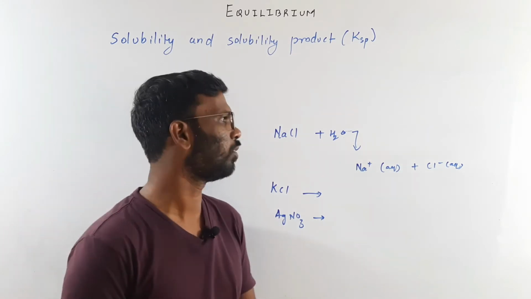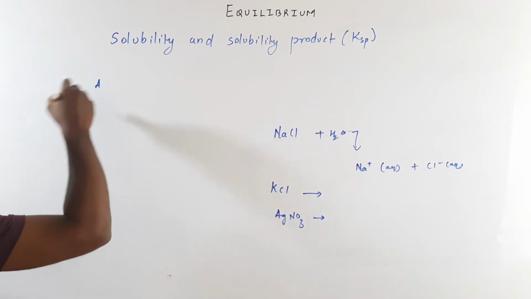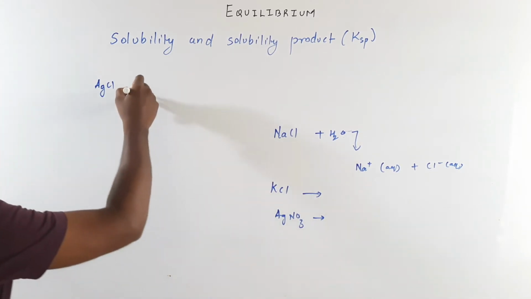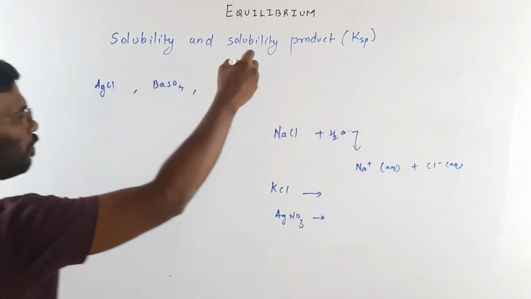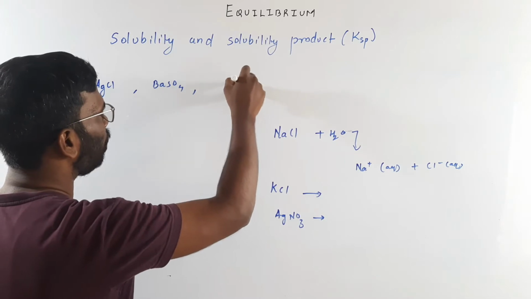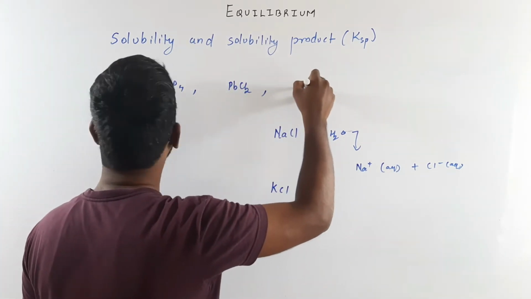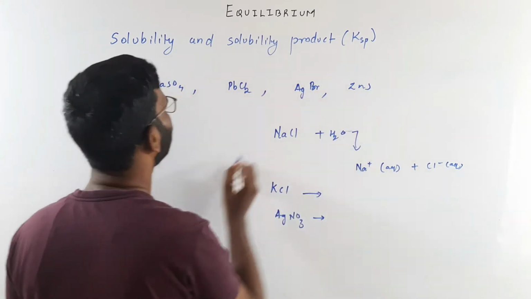There are some salts like AgCl, then barium sulfate, or PbCl2, then AgBr, zinc sulfide.